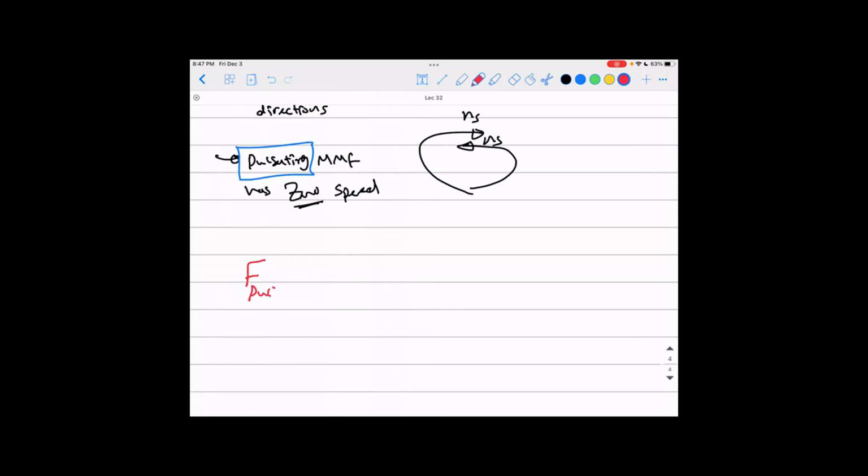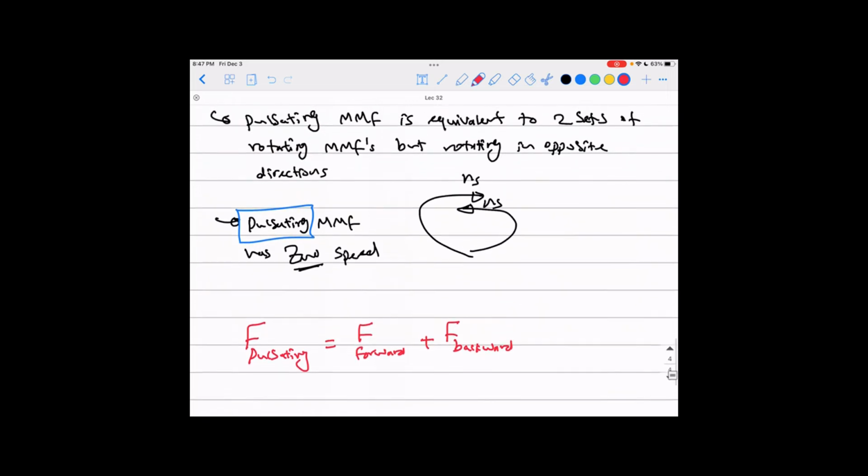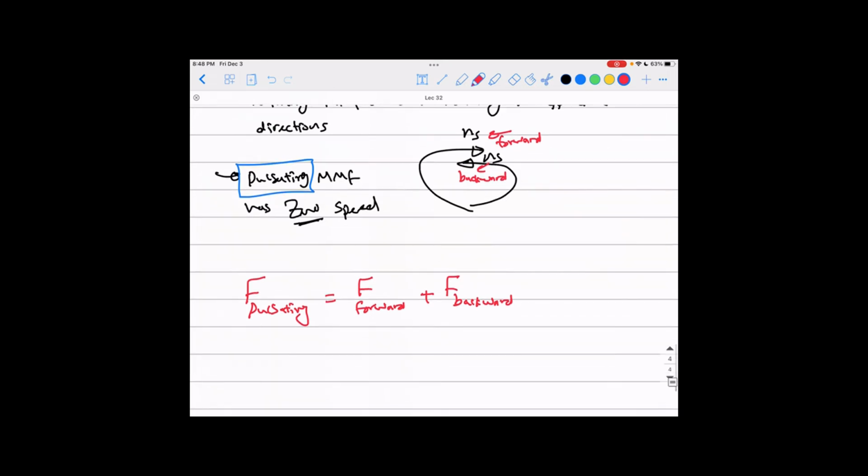The F pulsating will equal F forward plus F backward. So you have a summation of forward and backward. I'm going to say the one that goes clockwise we call the forward MMF, and the one that goes anti-clockwise is the backward one. Sorry, this one is negative.